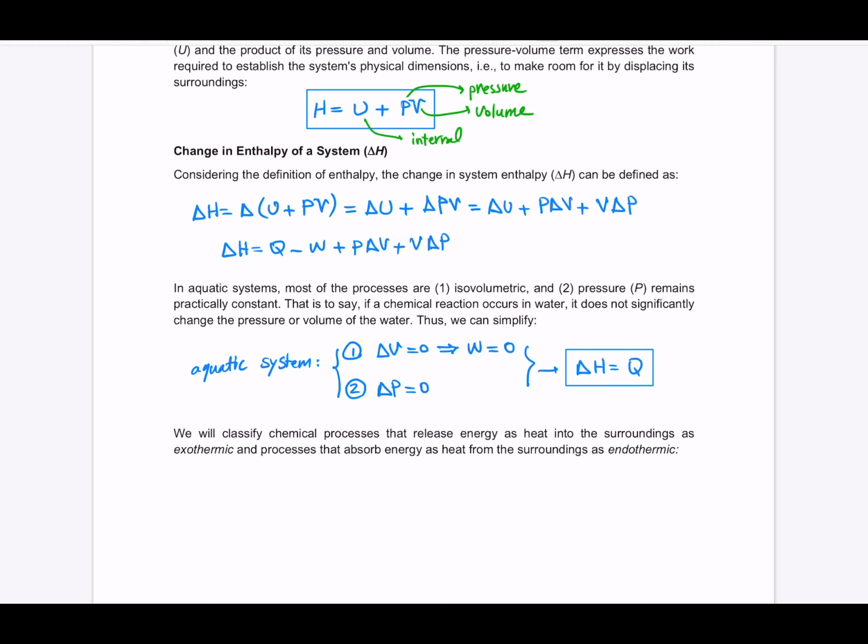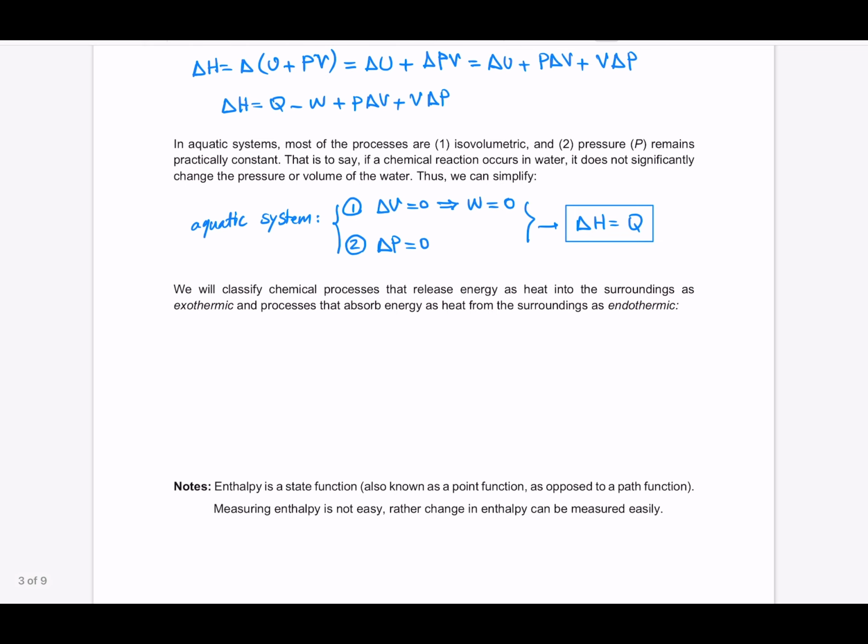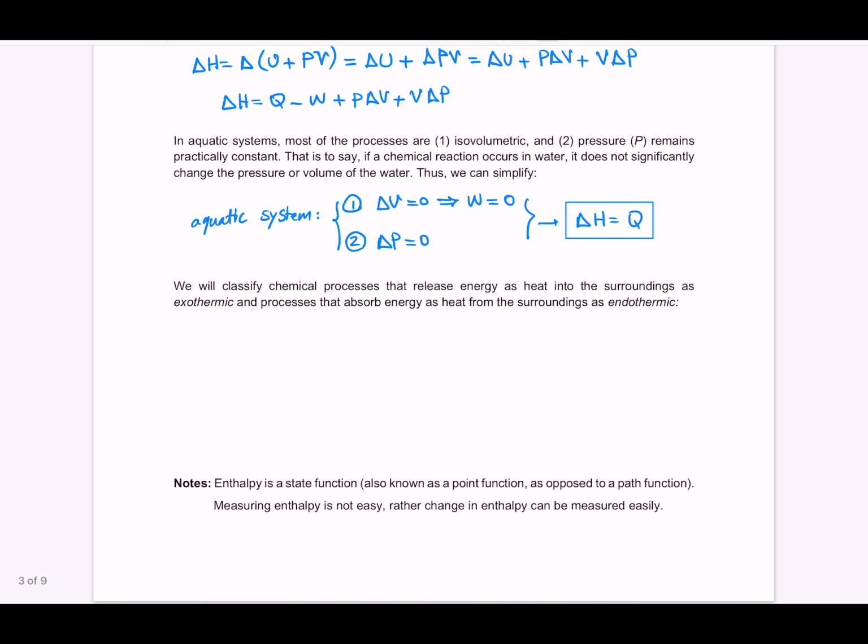So again, we achieve our goal of connecting something that was a little bit vague, delta H, to something that is easy to understand, to implement, and to measure, which is the heat to the system. So based on that and what we've learned from general chemistry, we can now classify chemical processes based on delta H. So we have exothermic processes.